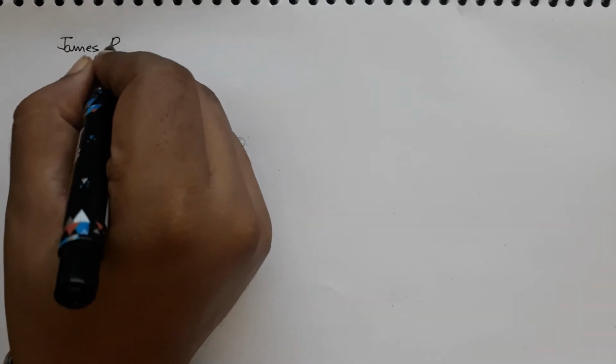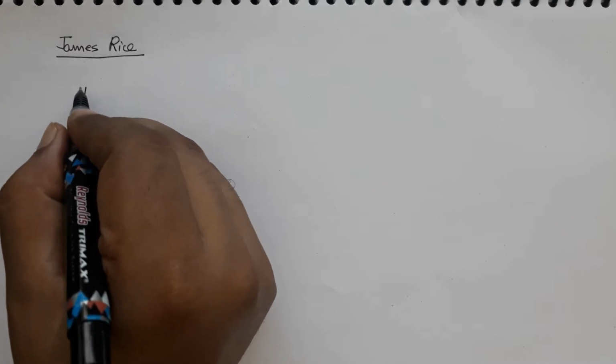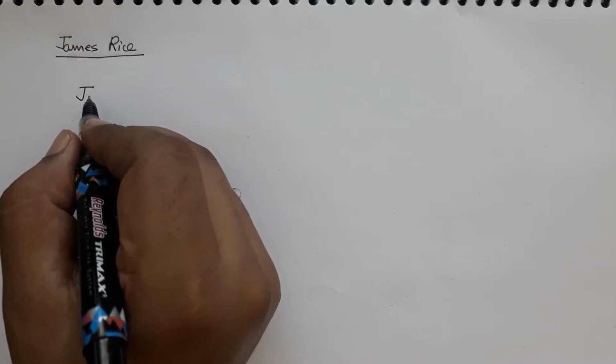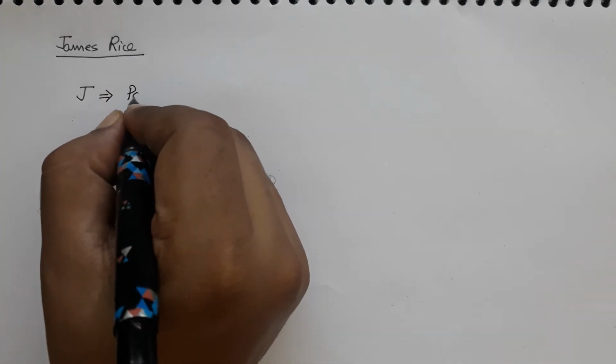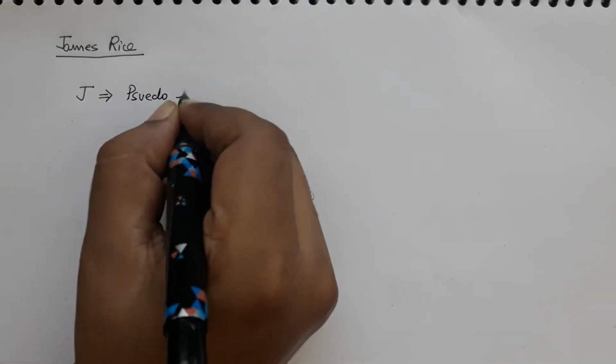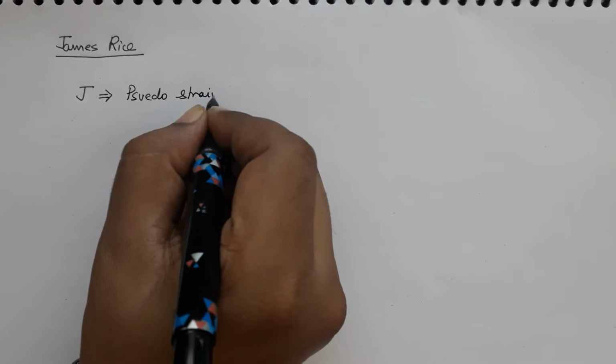So, James Rice, who described this integration, also proved that this J integration can also be measured experimentally because it tells you about a pseudo strain energy release rate.